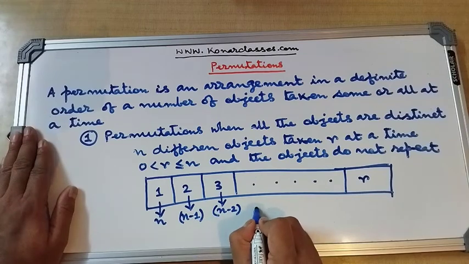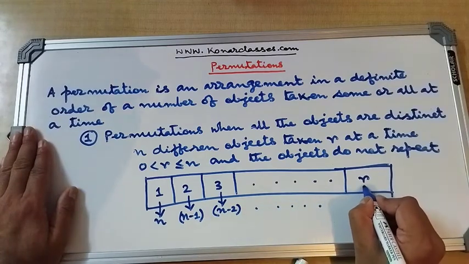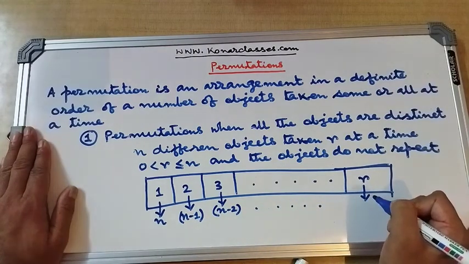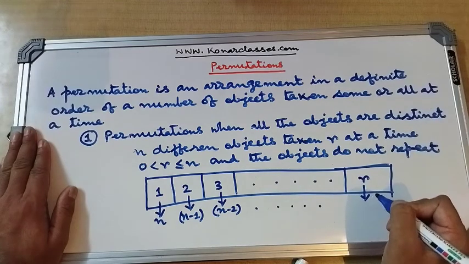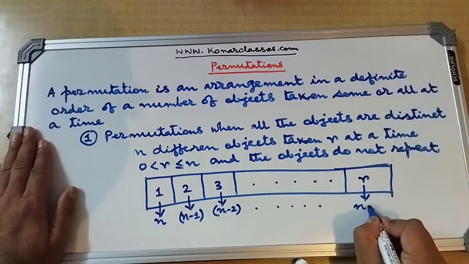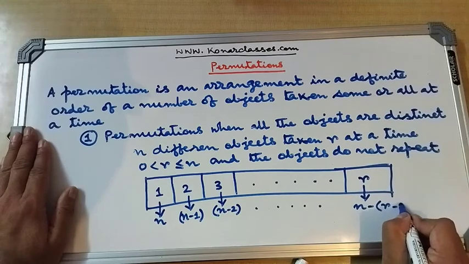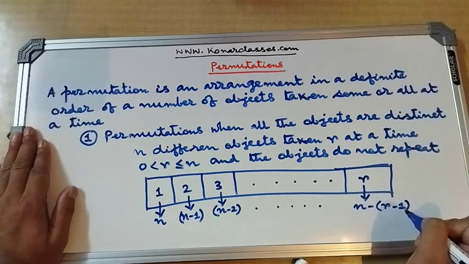In that way, if we proceed, the rth place can be done in how many different ways? That is n minus (r minus 1), that means n minus r plus 1 different ways.